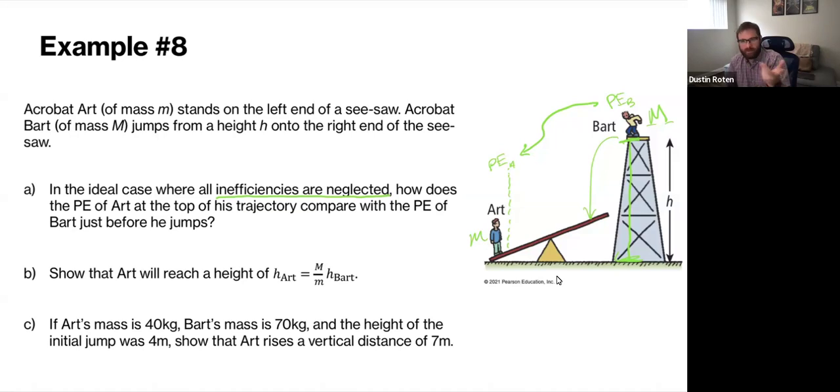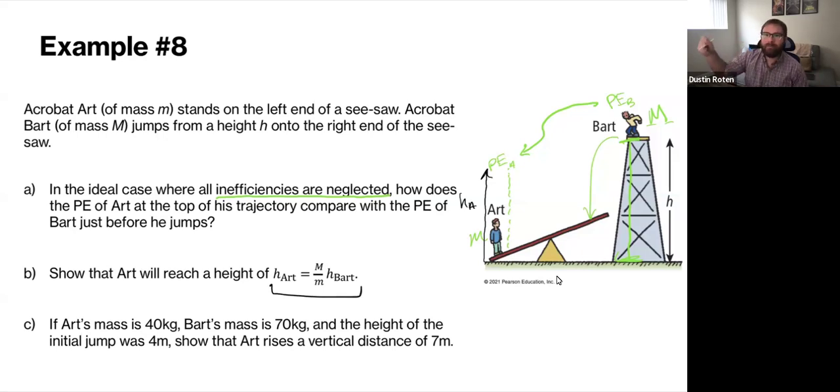The second question, which is just another sort of math demonstration, is we want to show that the height Art achieves, we can actually write without knowing any values. We don't need to know right now what M is, what big M is, or what the height is. We can show that H art, the height that Art will travel up, can be represented with just letters, symbolically. So we want to show that this is the case.